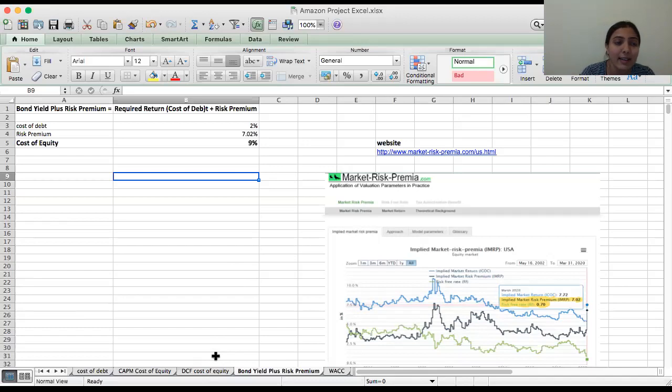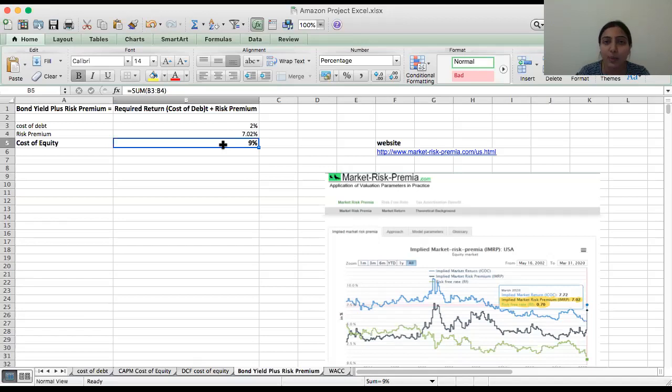So it's easy here. I just added my two numbers, cost of debt plus market risk premium. This is the formula for bond yield plus risk premium, and in this formula I have applied the numbers of cost of debt plus risk premium. So in this easy way, I got my bond yield plus risk premium, which is 9%.